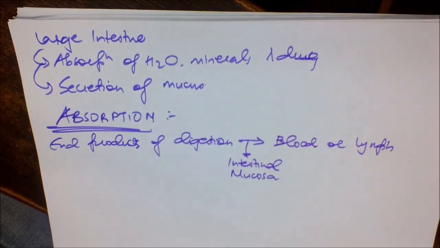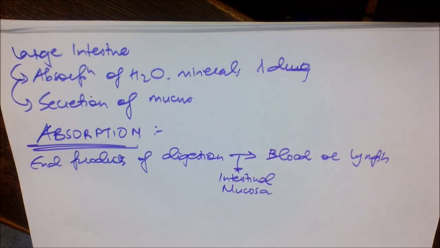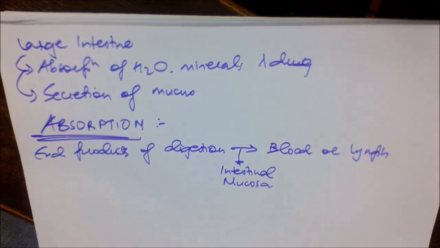It is carried out by passive, active or facilitated transport mechanisms, wherein in passive no energy is consumed, while in active cases energy is to be provided by the body.